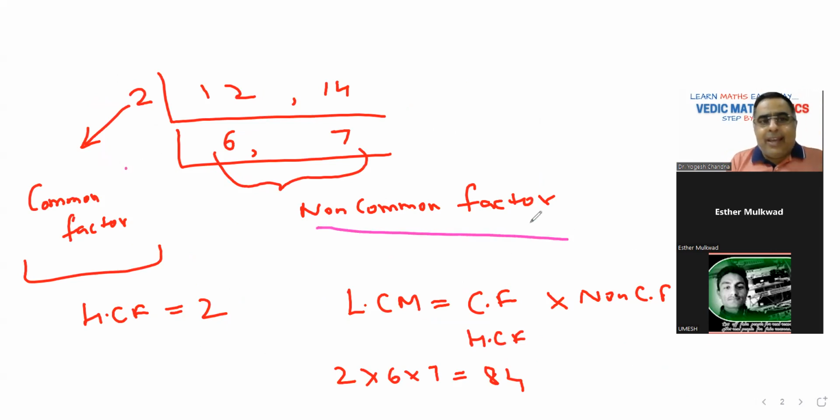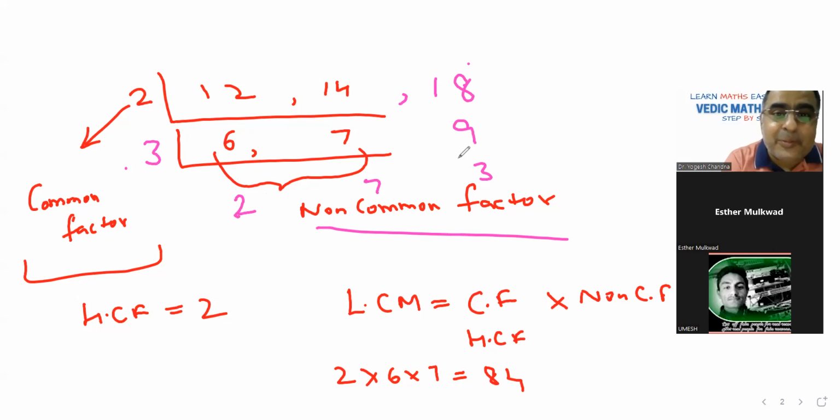But again, if we had one more number, let's say 3, 18, at that time now these two can be done. Now here it is a very big mistake.